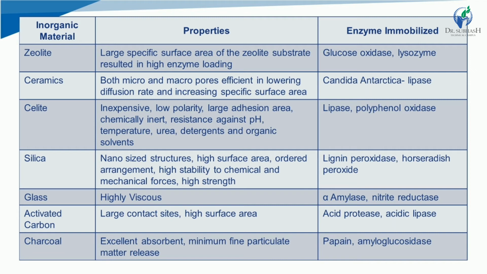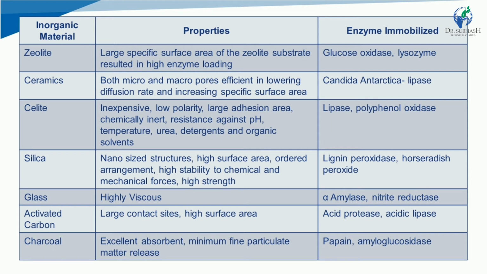Among the properties, the large specific surface area of zeolite substrate results in high enzyme loading. Some of the enzymes that were immobilized through zeolite were glucose oxidase and lysozyme, and coming to the ceramic, Candida antarctica lipase enzyme was immobilized using ceramic as the inorganic material.